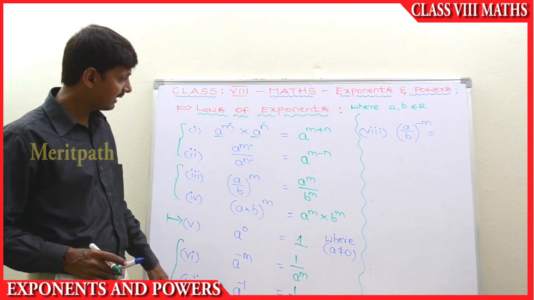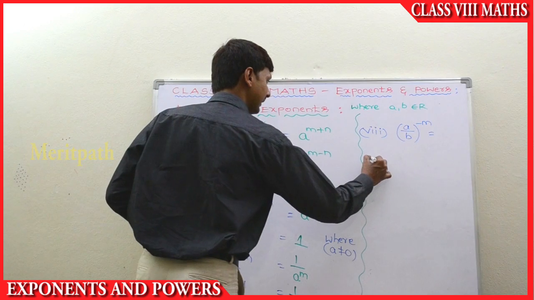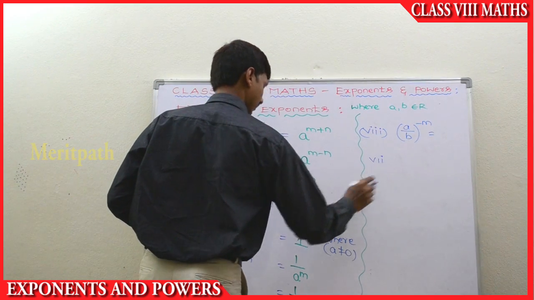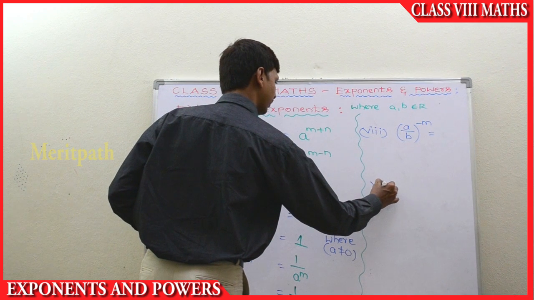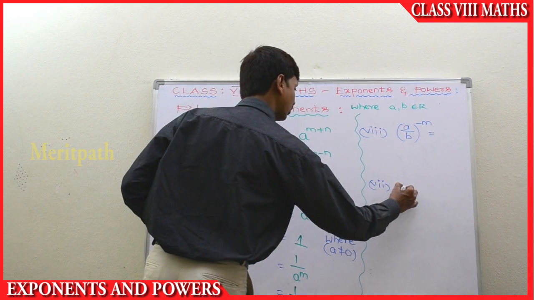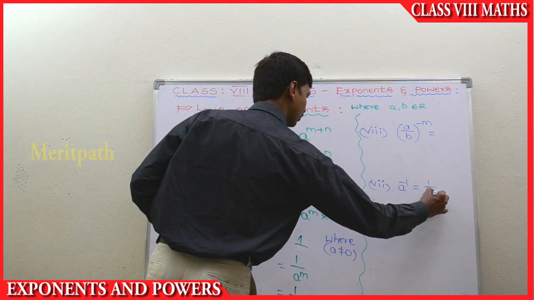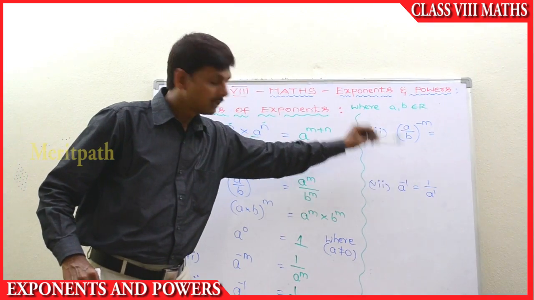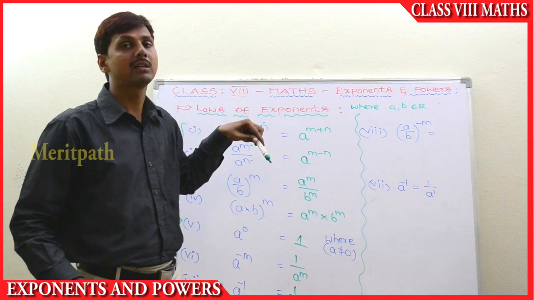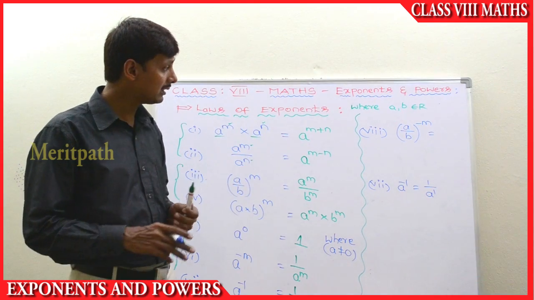So let's write this 7th one there. The 7th one is a to the power of minus 1 is equal to 1 by a to the power of 1, because when we have taken this to the denominator, it becomes the positive value, 1 by a to the power of 1.